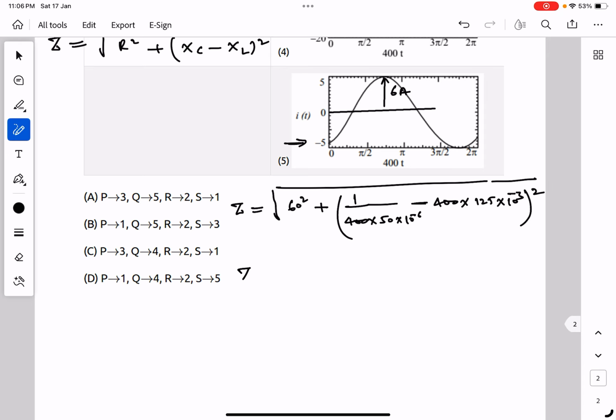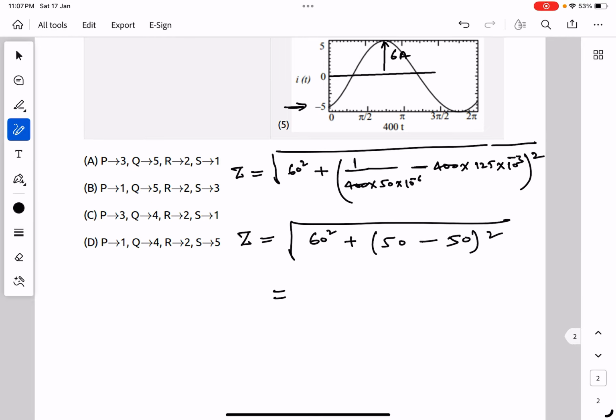So this is equal to root of 60 square plus 50 minus 50. So reactance of the circuit is 0. So impedance Z is equal to resistance of the circuit.